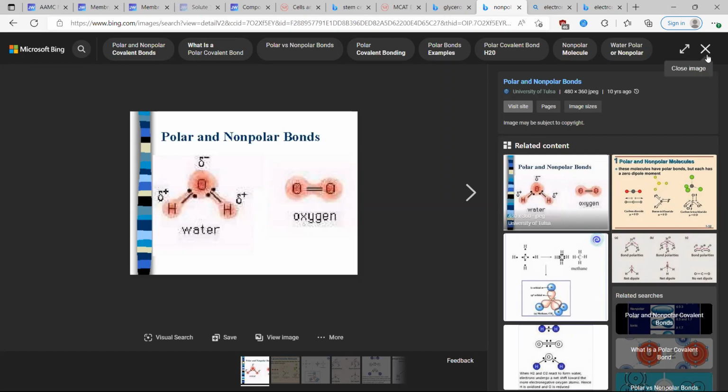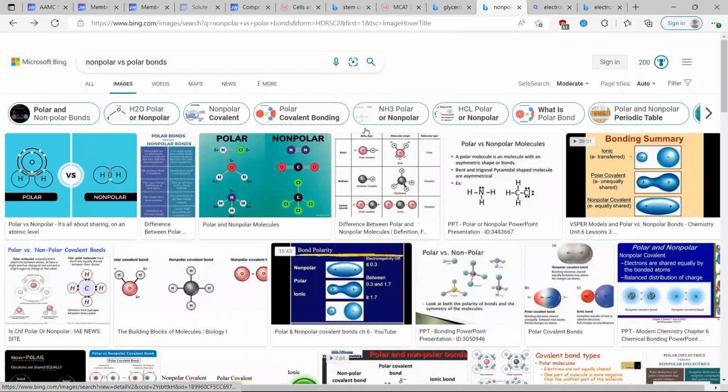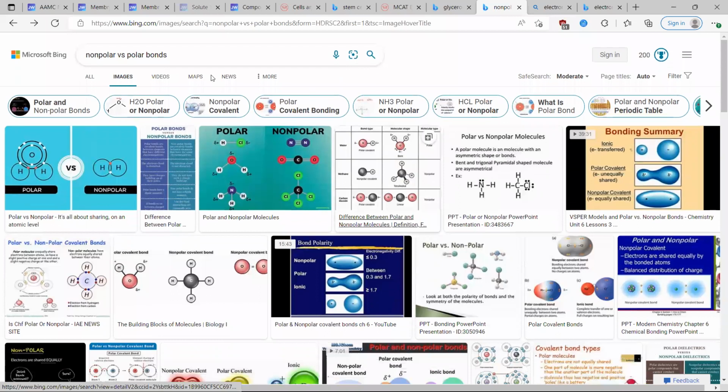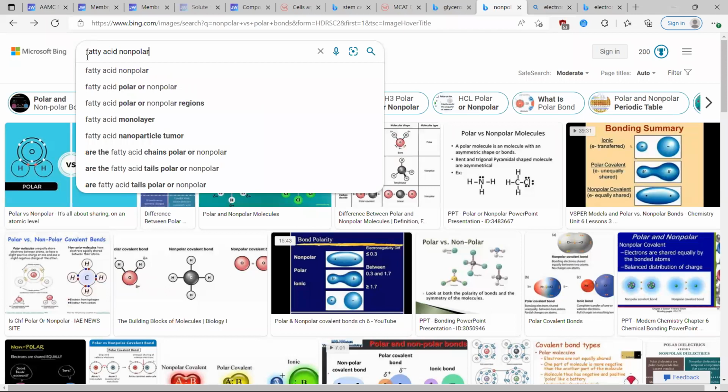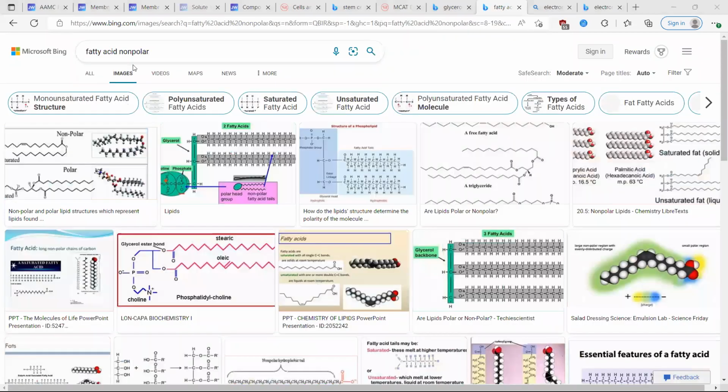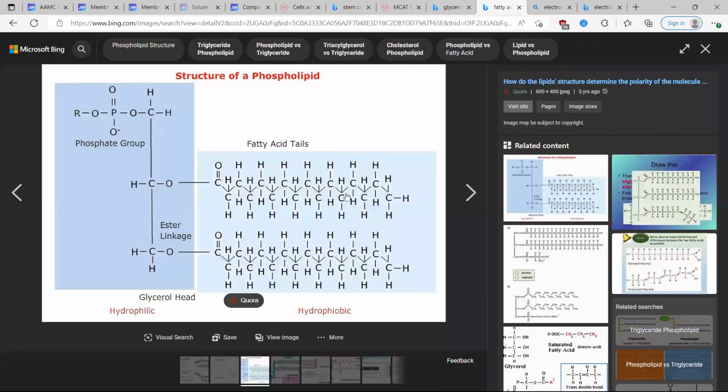Now, the reason that a triglyceride is nonpolar is because in this carbon-hydrogen situation, first of all, carbon is not very electronegative, and this is all completely equal sharing.